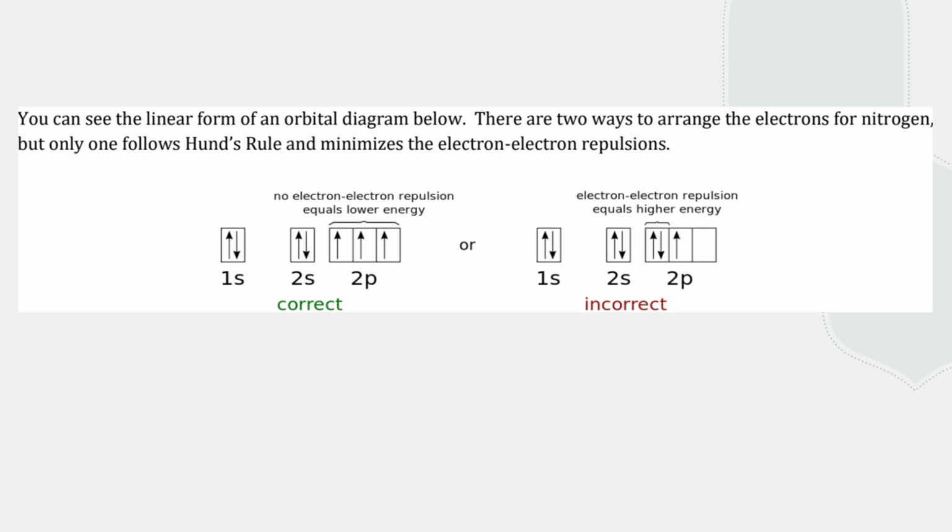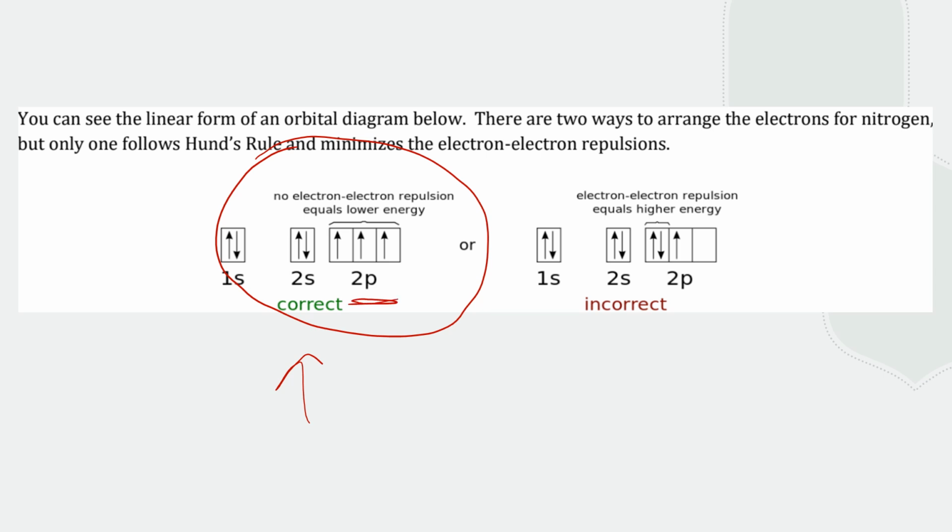The first one is correct because it follows Hund's rule. The reason this works is because it minimizes electron to electron repulsion, which means it's more stable, with lower energy.